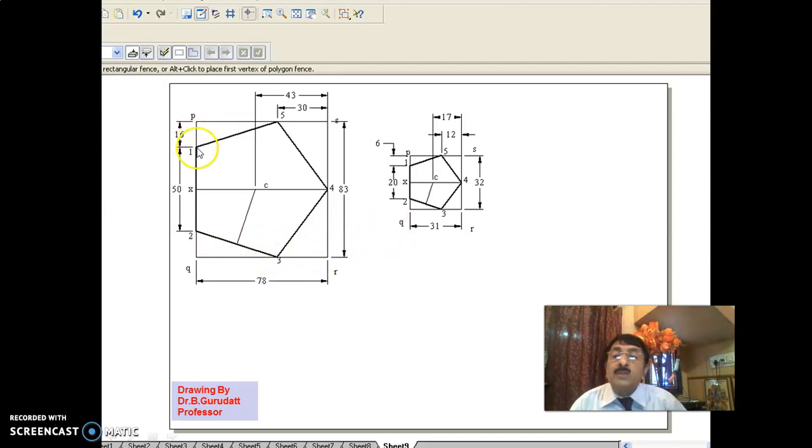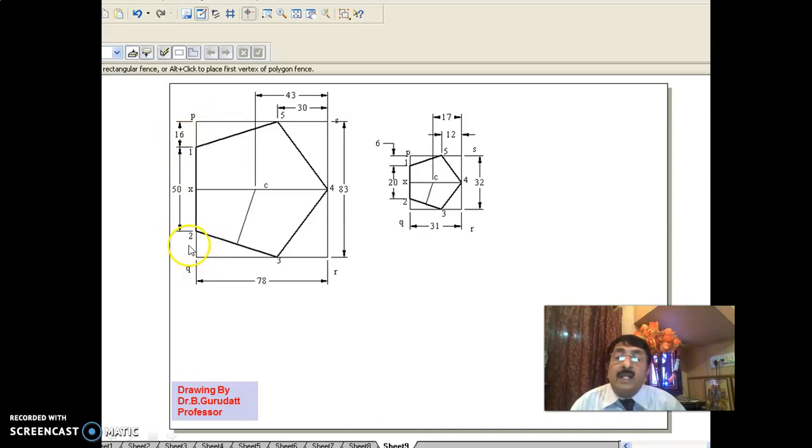Now once you get this pentagon and enclose it in PQRS, measure the dimension here, it is 83, and measure this dimension, 78. Once you get this distance, you take it: this is 30 means this will also be 30, and this is 16 means this will also be 16.